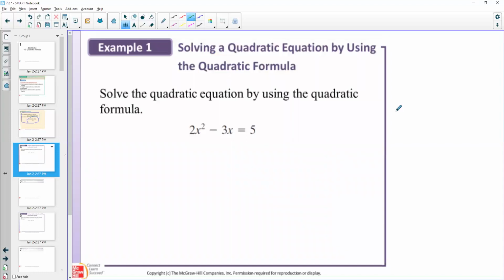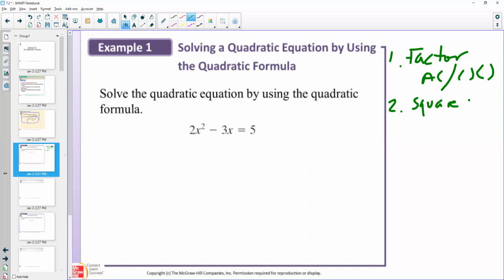We want to solve this using the quadratic equation. Here's the thing, quadratic formula is always your option, but option number 1 should always be to factor, if you can just factor the regular way, either with the AC test or just figuring out the binomials. The other option to remember is square root property, and that's a little easier if you can get it to work.